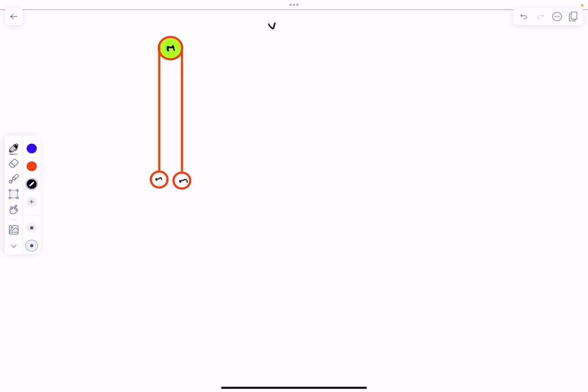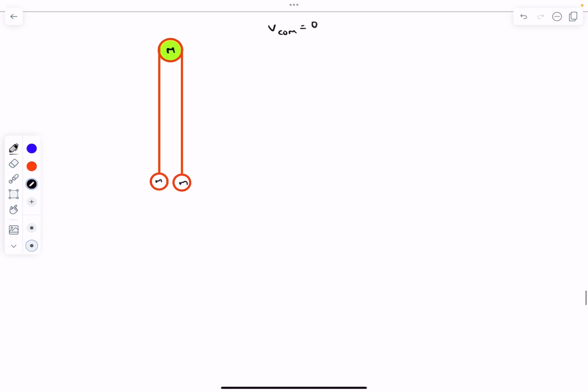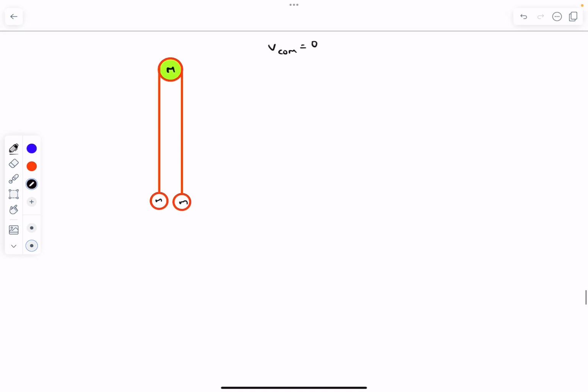So we know the velocity of the center of mass is 0. First let's talk about the y direction. If I say that capital M has some vertical velocity, then by the string constraint, the length of the strings must be constant, so the velocities of the small m masses must also be v upwards.